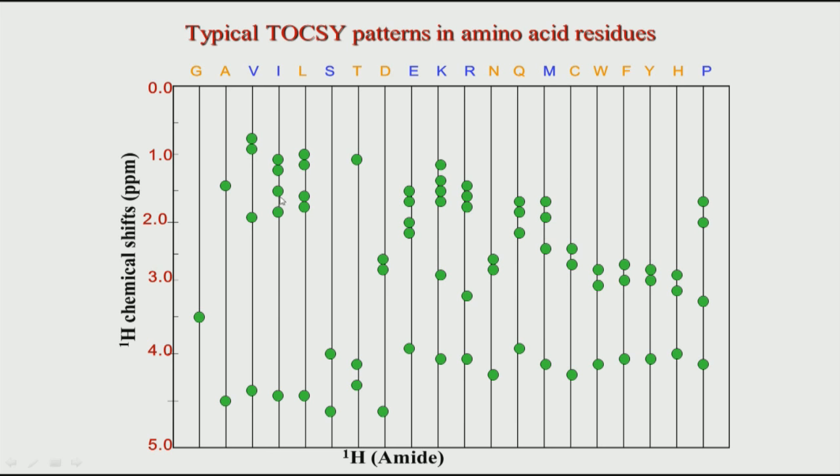So, like this, for every amino acid there is a distinct pattern, which makes it very easy, based on those patterns, to recognize what those amino acids are. Now, if you see here, these have only beta protons: cysteine, tryptophan, phenylalanine, tyrosine, histidine, similarly aspartic acid and asparagine. These are called AMX spin systems because they have only alpha and beta protons, and the spin system terminology we have not seen in this course.